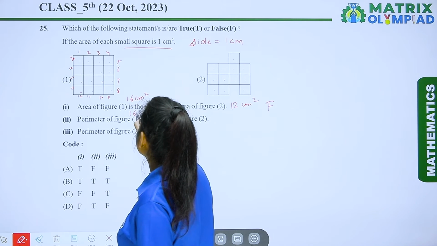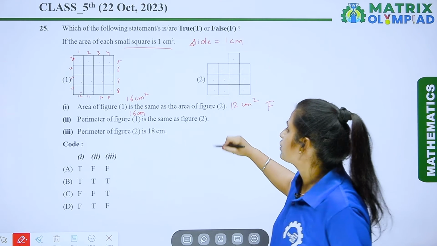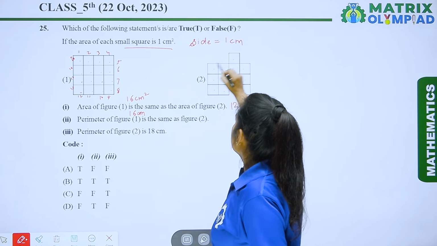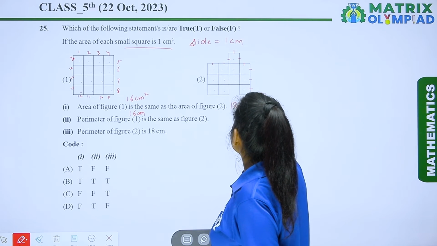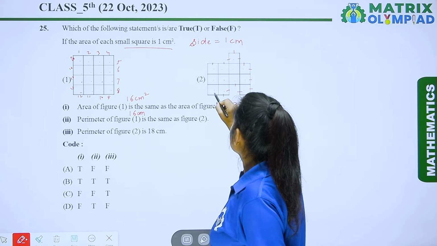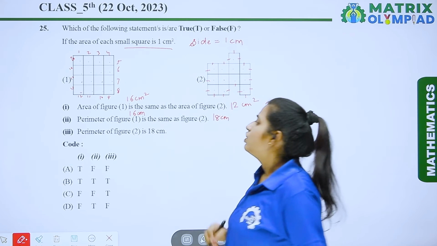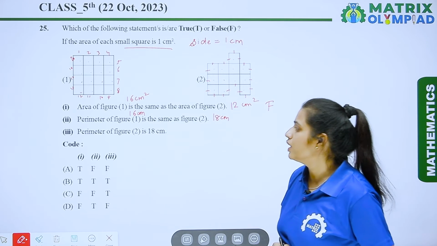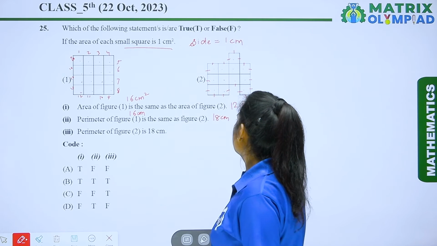So it is 16 centimeter. Now let's find out the perimeter of the next figure, figure 2: 1, 2, 3, up to 18. So here it is 18 centimeter. So is the perimeter of figure 1 the same as figure 2? No. So this statement is also false.